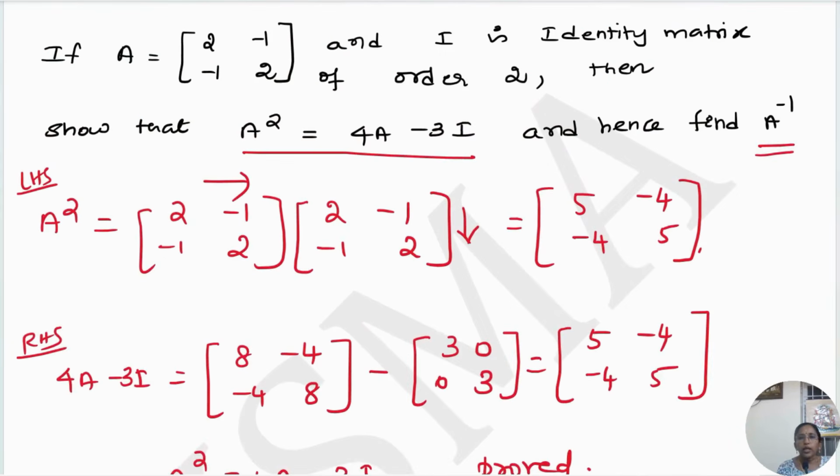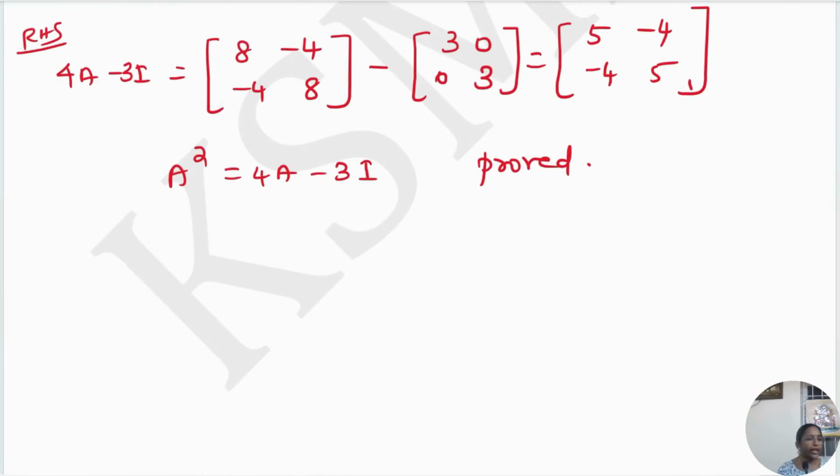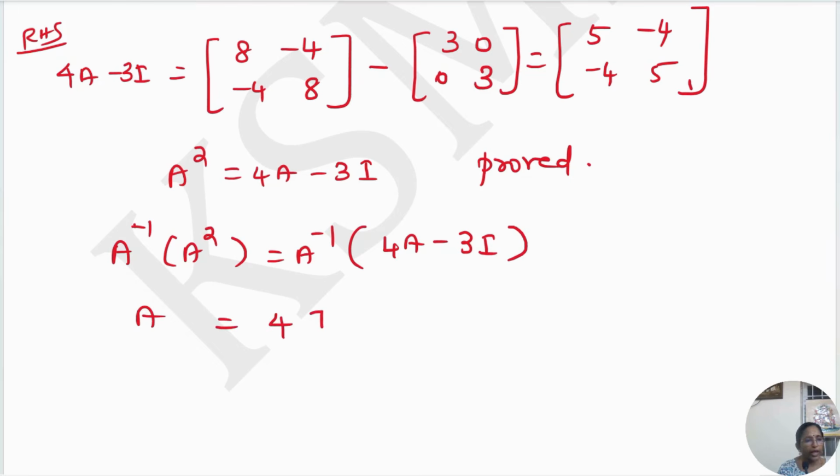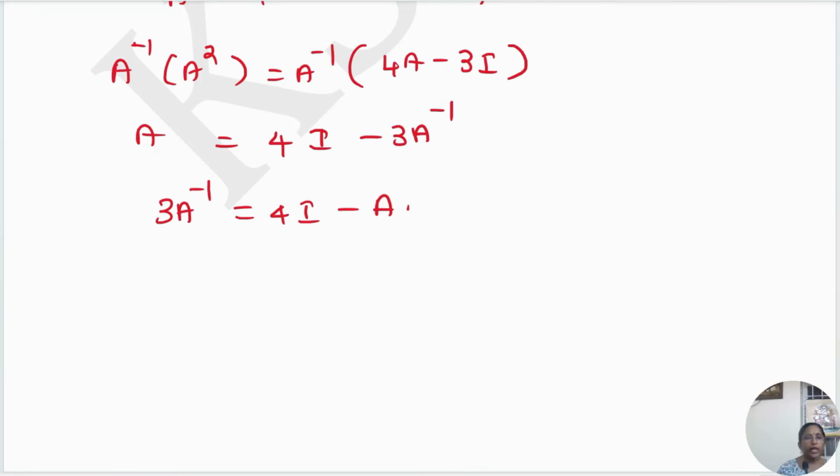First part is over. And coming to the second part, hence find A inverse. Now multiply the data with A inverse on both sides. So A square, A inverse into A square, A inverse into 4A minus 3I. So this is A equal to 4I minus 3A inverse. So A inverse we have to find. So 3A inverse is equal to 4I minus A. So A inverse is 1 by 3 times (4I minus A).